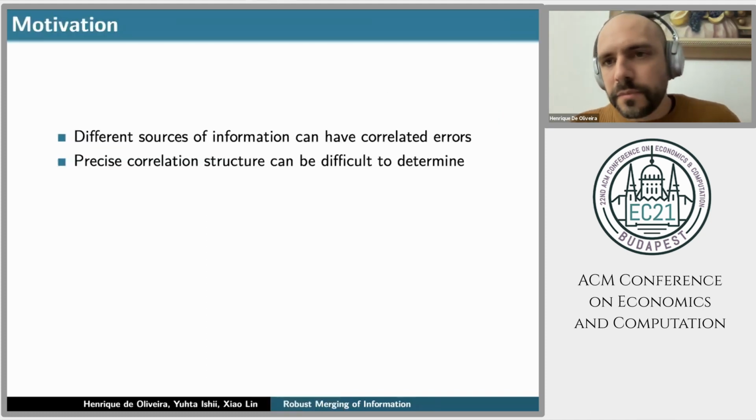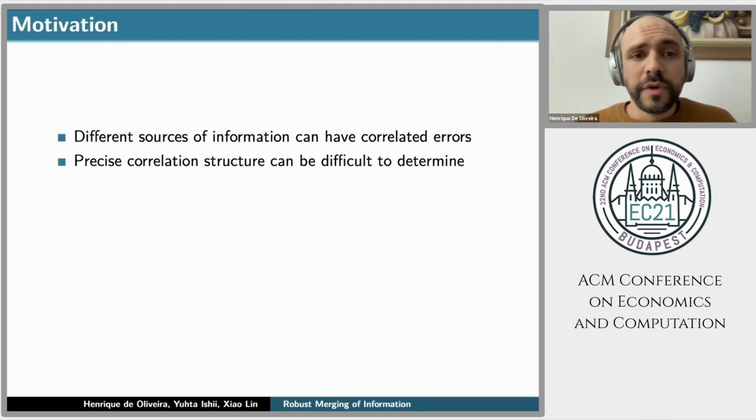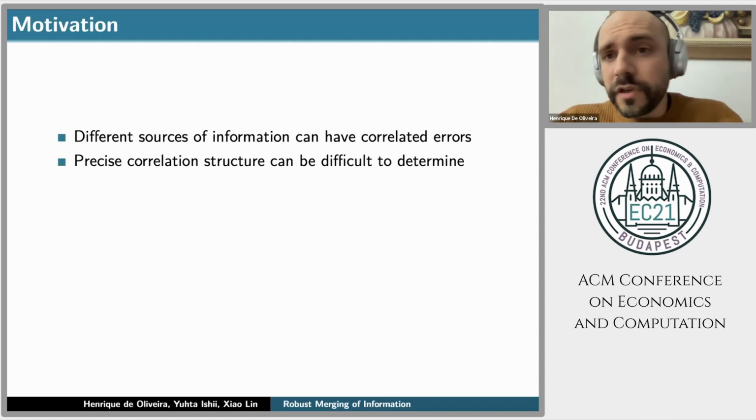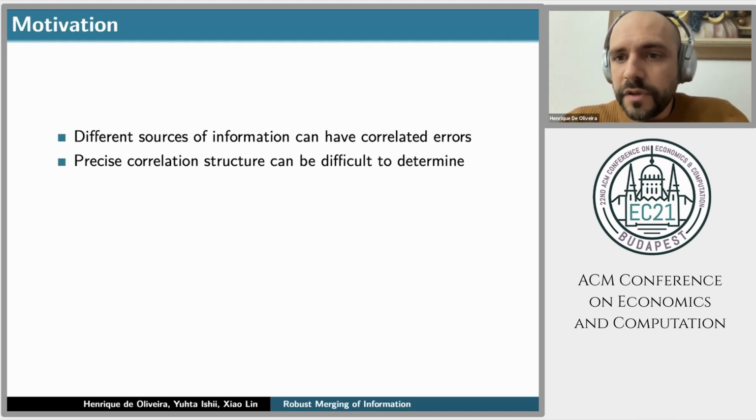So the motivation for this paper is this observation that we often face different sources of information, and it can be hard to determine exactly how independent they are. For example, if you seek the advice of multiple experts, and all these experts are using the same underlying data to give you their recommendations, then any flaw in that data can produce a correlated error.